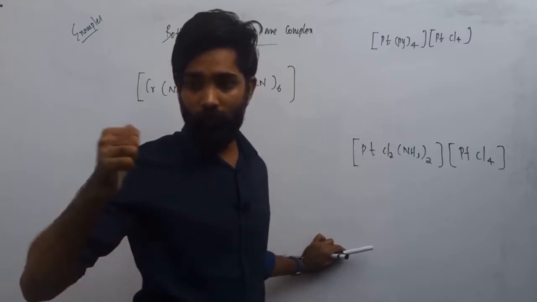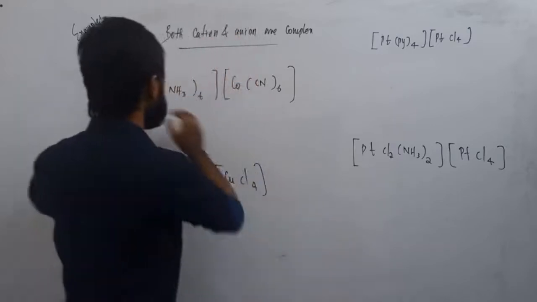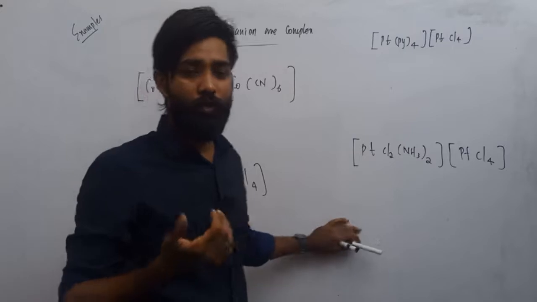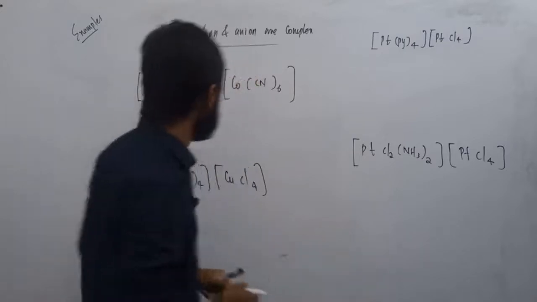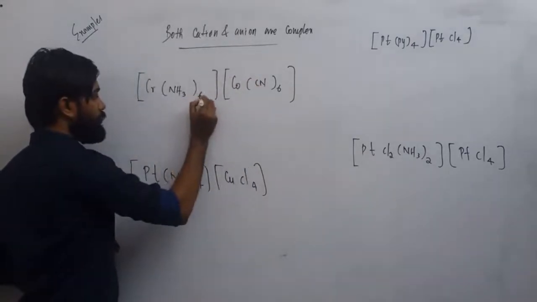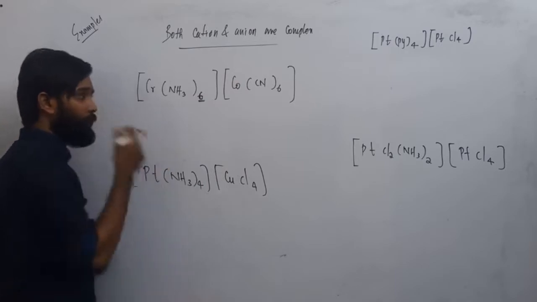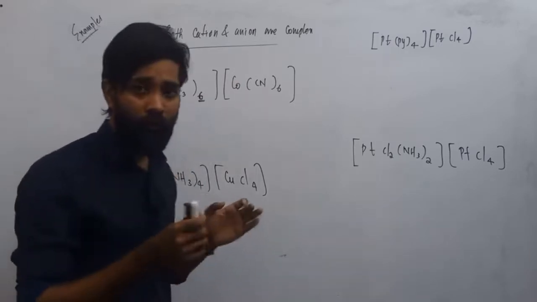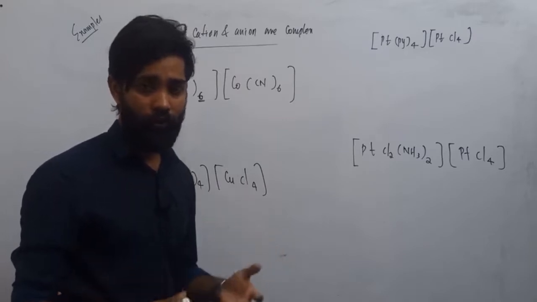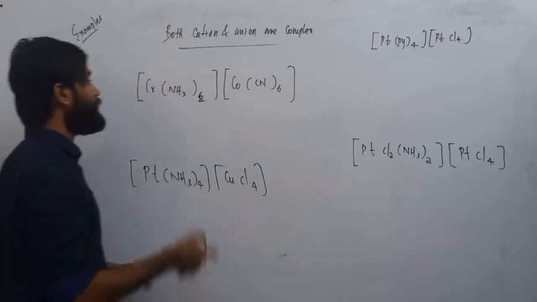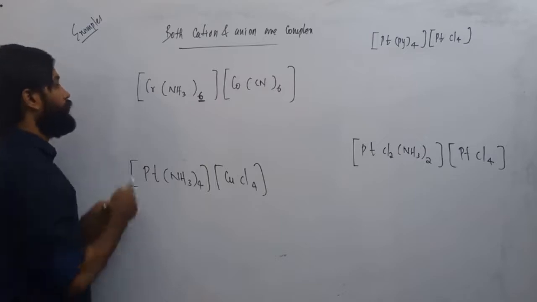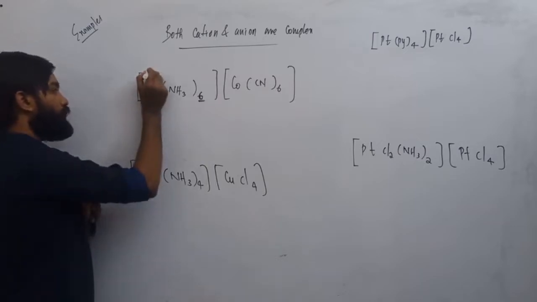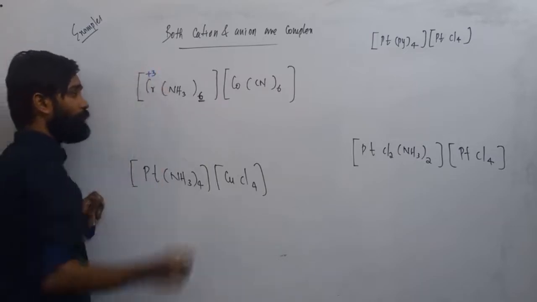If the coordination number of the central atom mentioned on the left side is this much, then its relative oxidation state is this much. If the coordination number of the cationic entity is 6, and the central atom is chromium, then its oxidation state will be +3.